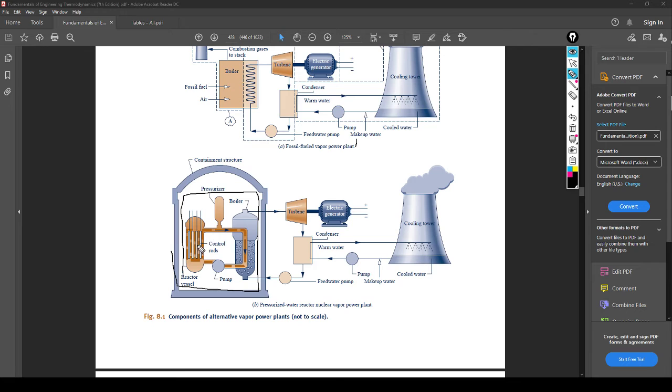Well, it is the source of heat essentially, but then you have the boiler here. These are the rods, right? You've always heard about the rods, I think the control rods or whatever they're called. This is where the material is actually reacting for the generation, and so it works the same way in this weird cycle, but then it once again goes into a turbine, condenses out, goes into a pump, and comes back into here. So it's very similar, but I think this one's probably more technical, obviously.